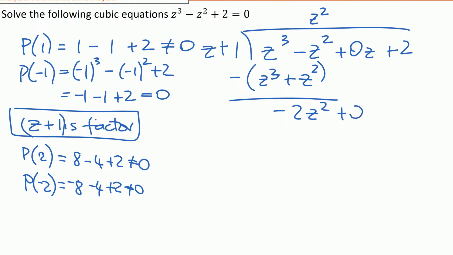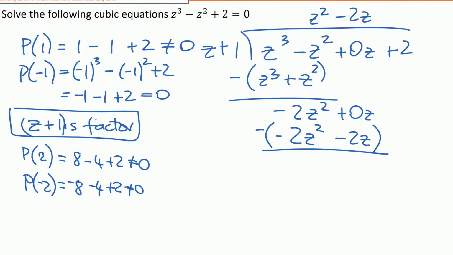Bring down that 0Z. Z into negative 2Z squared goes negative 2Z. Negative 2Z times 1 gives you negative 2Z. Subtract all of that and I get positive 2Z.